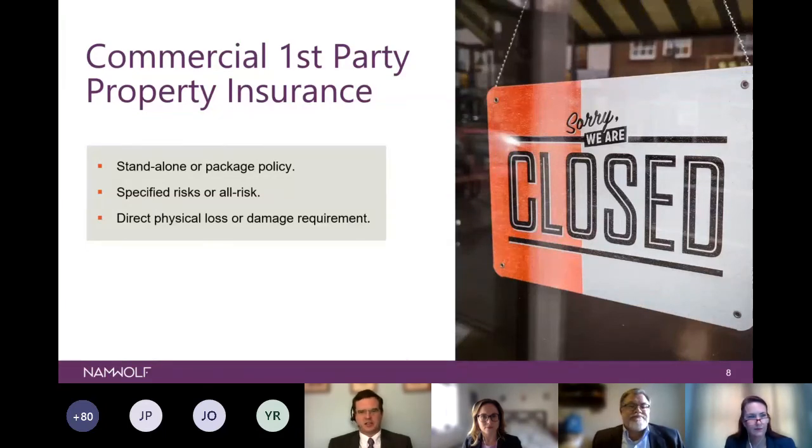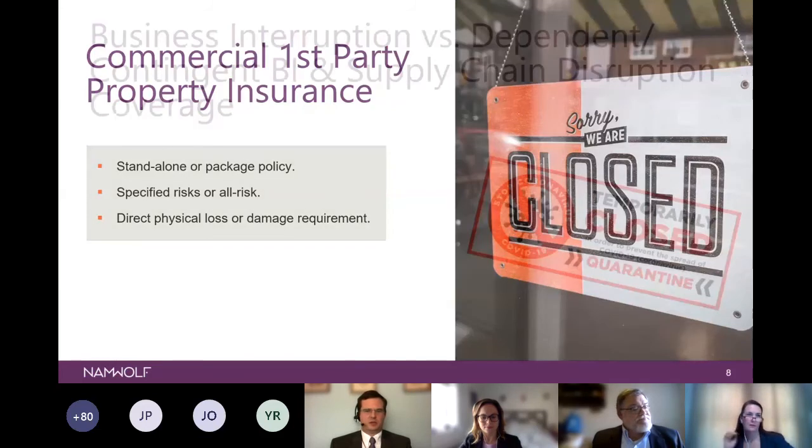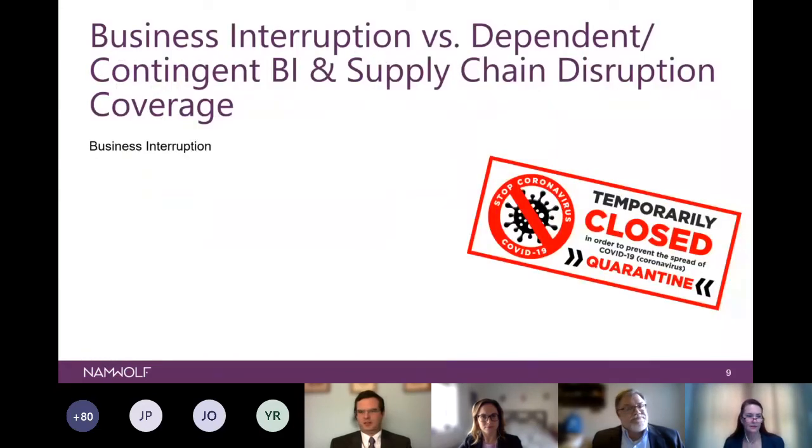A lot of those claims are going to be claims for cost to remediate or clean up premises so that a business can open back up and feel confident that they aren't going to give coronavirus to anybody. So in terms of the dollar amount, there will be claims here, but they're not going to be on the same scale of the claims that we're going to get into in a minute, and that's the business interruption claims.